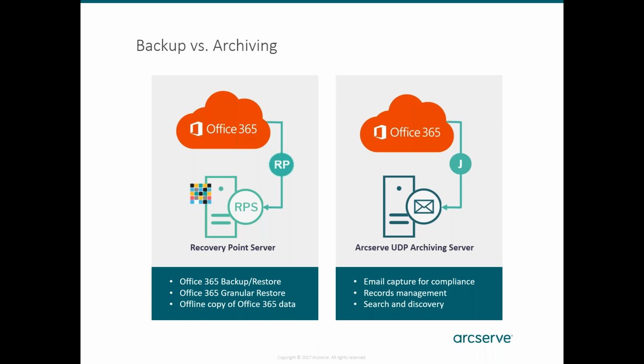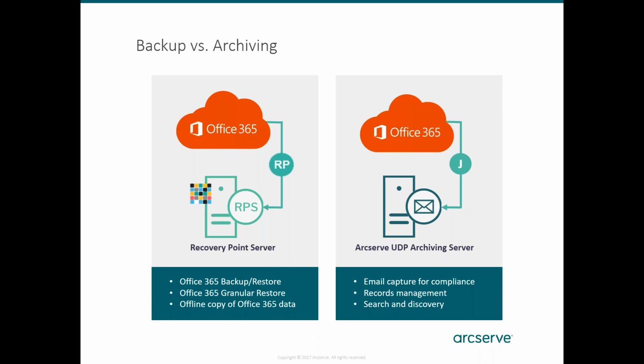You can install it in Azure if you want to, or on Amazon. You can install it on multiple locations, but you have that copy offsite on a location that is set by yourself. After that, you can create an offline copy of that. You can replicate it even further to other locations or to tape if you would like to. So you can actually go from Office 365 all the way to tape if there is a need to.